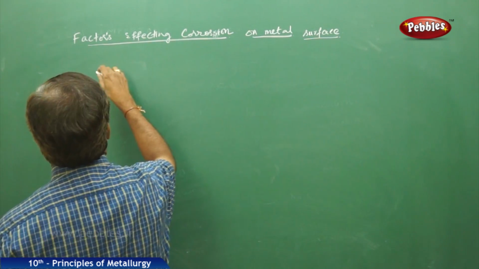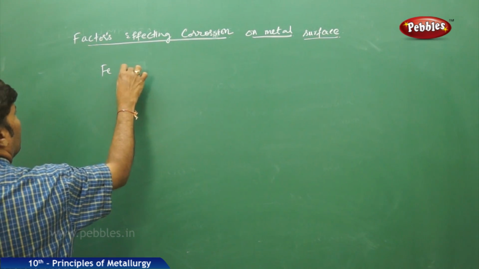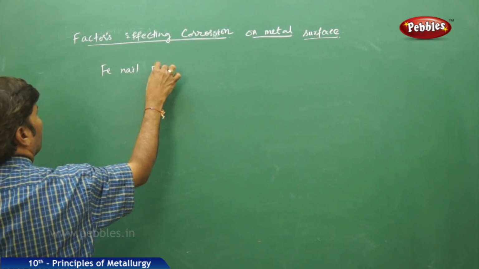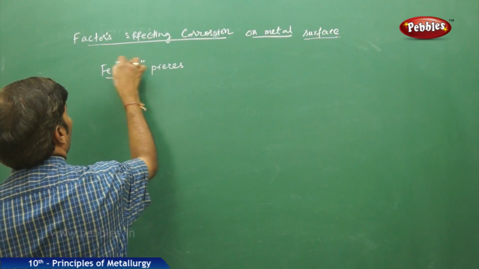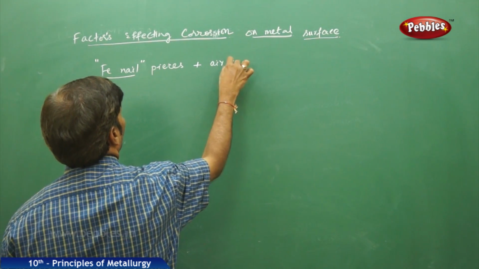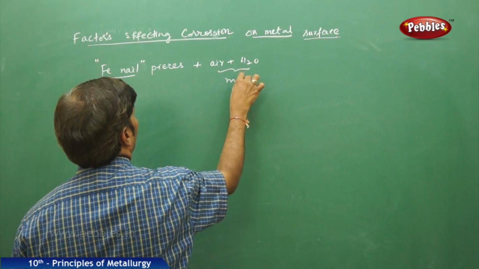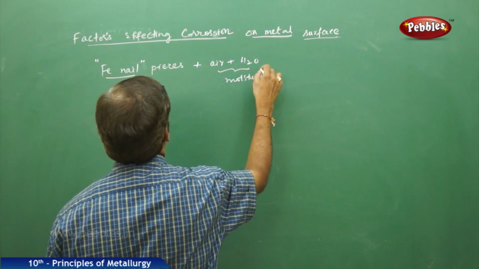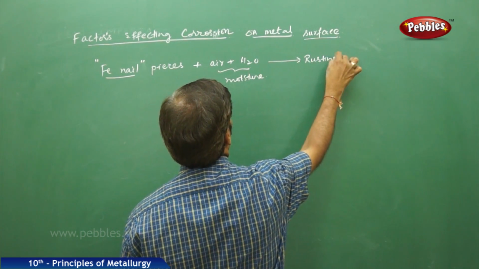So here, if we take iron nail pieces and bring them in contact with air and water together, in the form of moisture, you find that the process of rusting takes place.